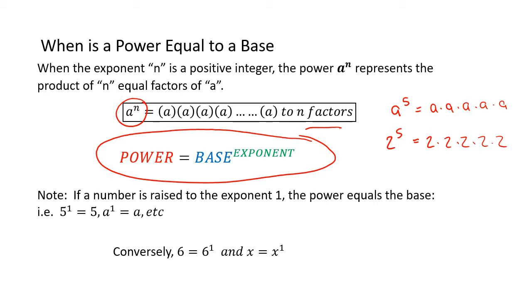And like you saw in our example E in the last slide, when you have just a number or just an algebraic term like x, if it's just that number, it means 6 to the exponent 1 in this case. Or if you had just x, it means x to the exponent 1. It's the same as writing it that way. So from a notation perspective, we often ignore that and don't write it.